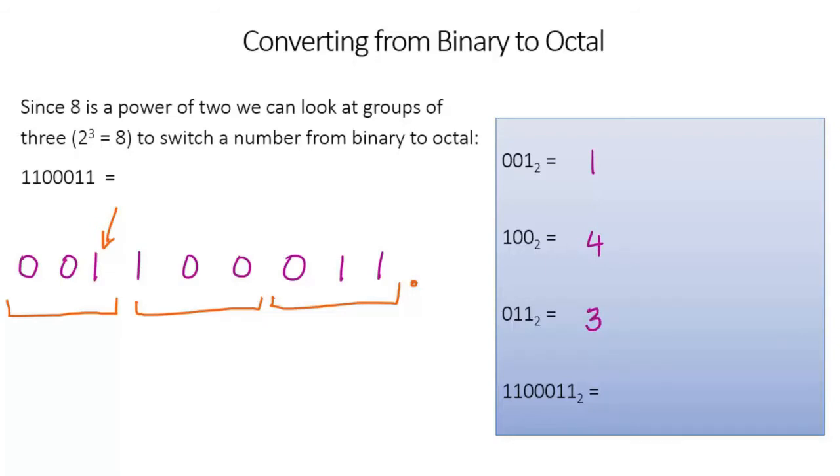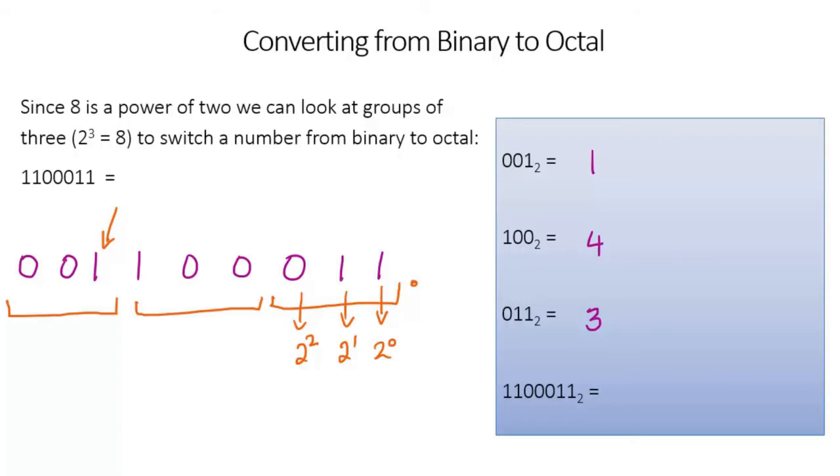So one way to do this is simply to look at my comparison table. 001 corresponds to the octal value 1, 100 to the octal value 4, and 011 to the octal value of 3. The other way to do this is to analyze each triplet by reading the digit in its appropriate place value, looking at only 3 bits at a time. So this means that the one that I've highlighted here, well, I read this to be in the 1's place value. The 1 to its left, we understand to be in the 2's place value, and the 0 is in the 4's place value.